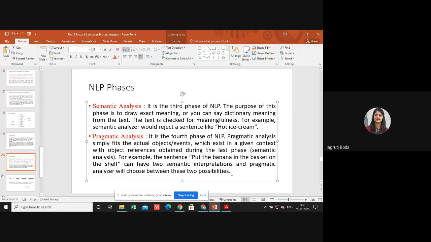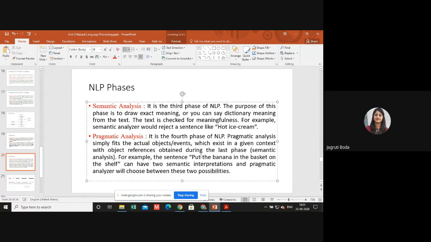A human can easily understand which is the right sentence, but how can the system understand what the meaning is and what the next level is to which we pass the sentence? So there are two possibilities. The pragmatic analysis filters the right sentence meaning and passes it to the next phase.